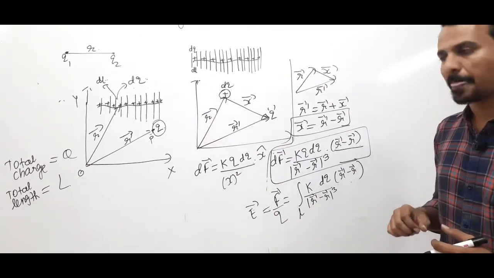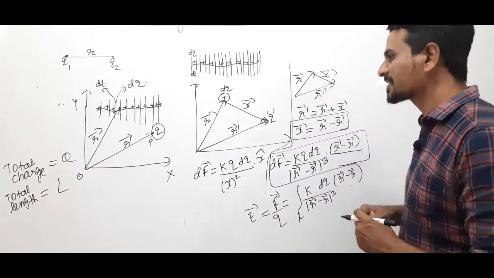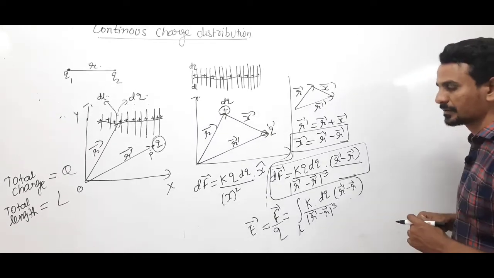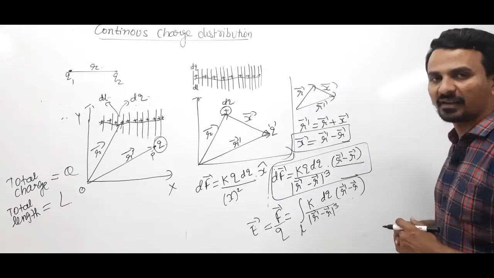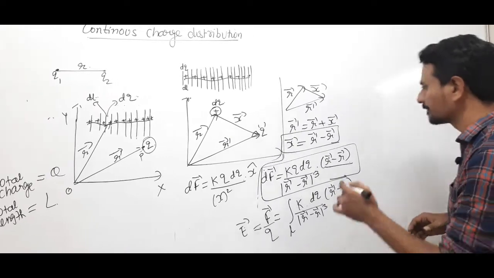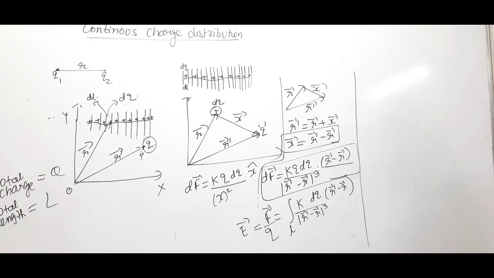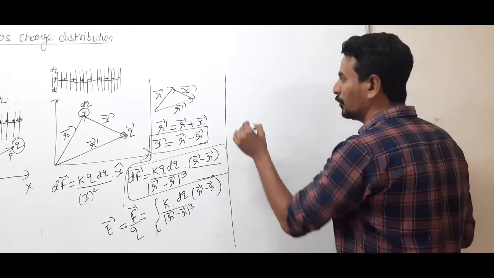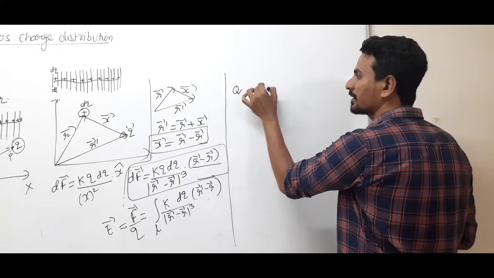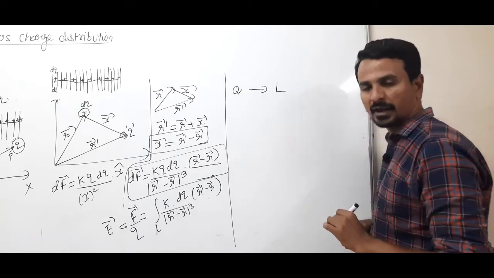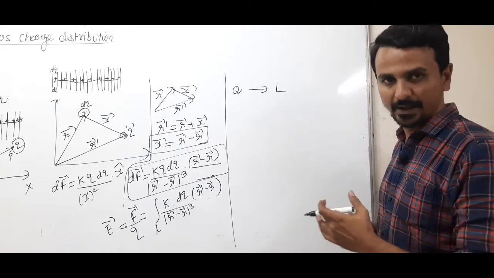Got it, student? Okay. Now in your textbook they have defined a constant that is known as linear charge density. Q is the total charge for length L. L is the length of the wire.